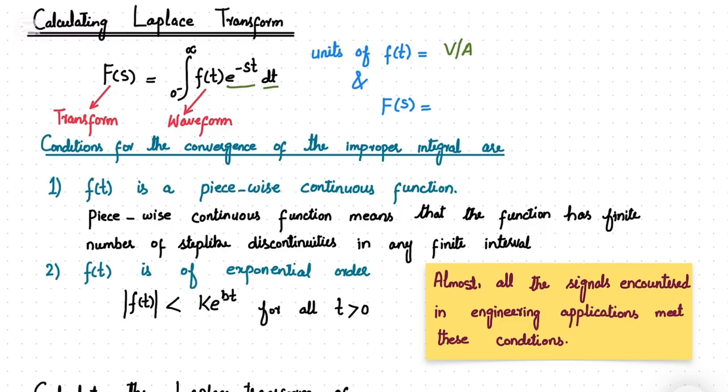What about dt? dt is a very small interval of time, so it has units of seconds. So f of t, which has units of volts or current, multiplied by dt, results in volt seconds. It means the units of F of s are going to be volt seconds or ampere seconds.